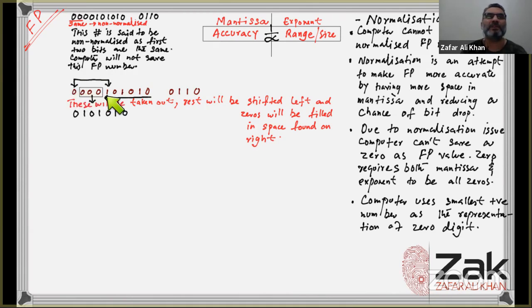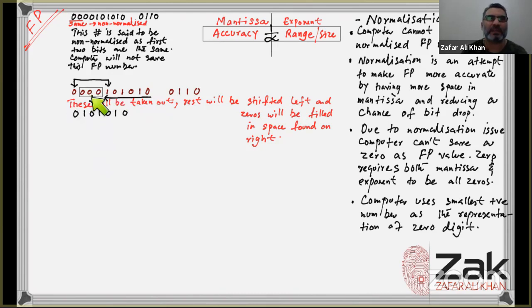So in between the two marked bits, whatever the bits, they must be same as the first bit. So if we mark from 0 to 1, all the zeros in the middle are making this number non-normalized. So we have to remove them. These will be taken out. Rest will be shifted to the left.